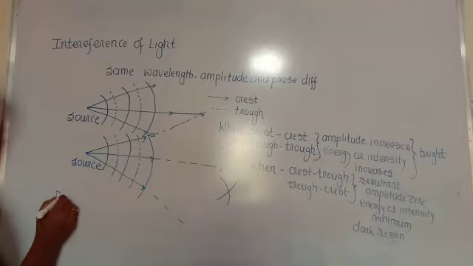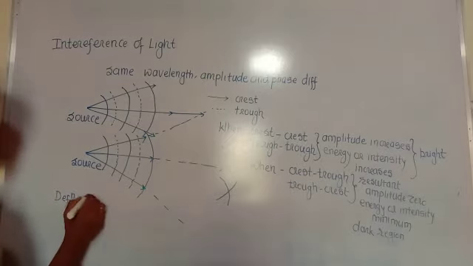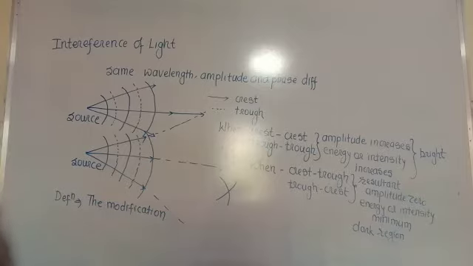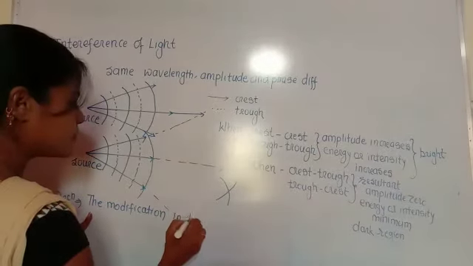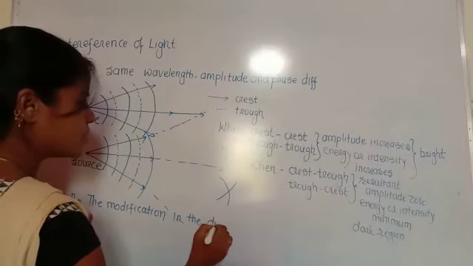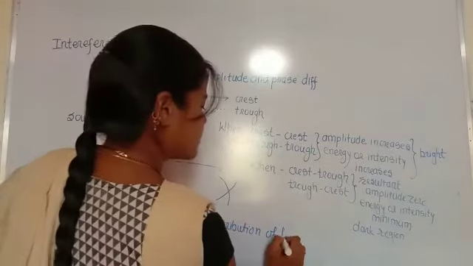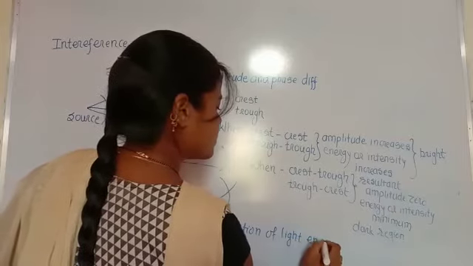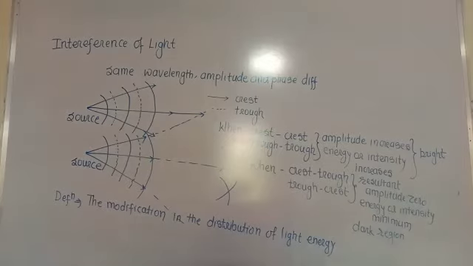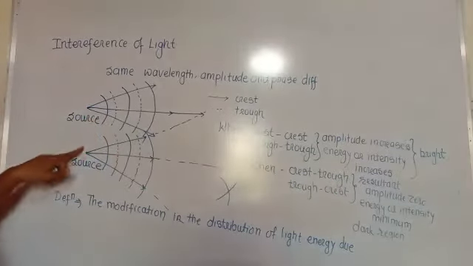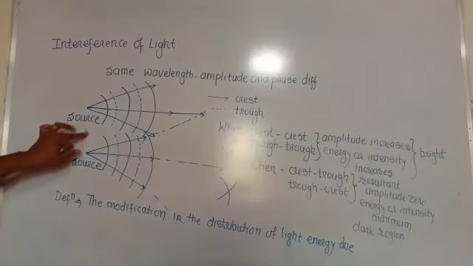So the definition of interference: the modification in the distribution of light energy due to the superposition of two or more waves.